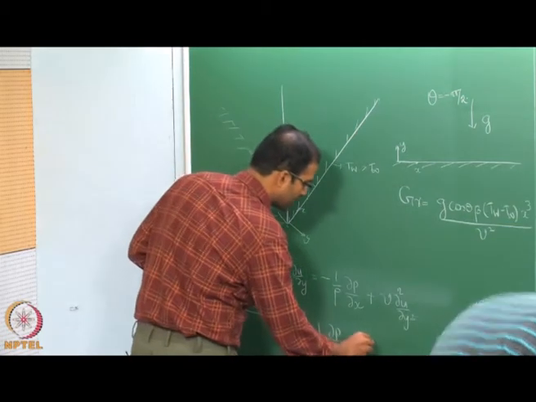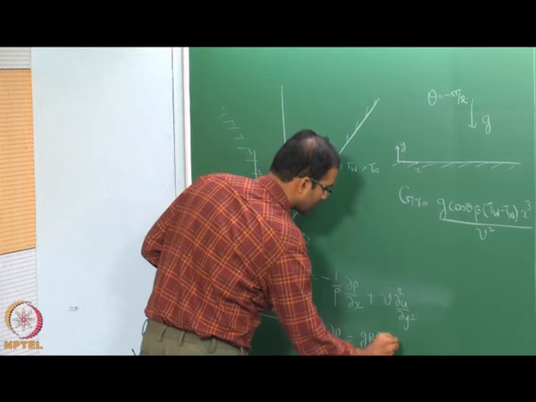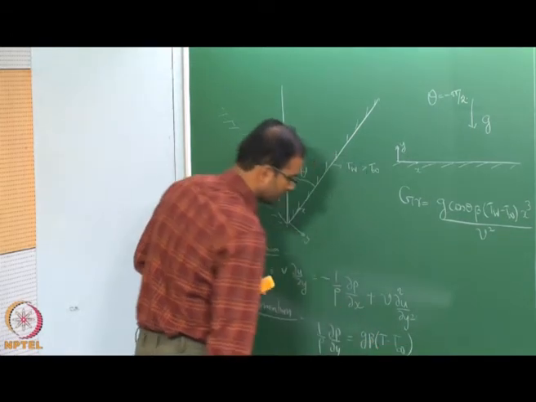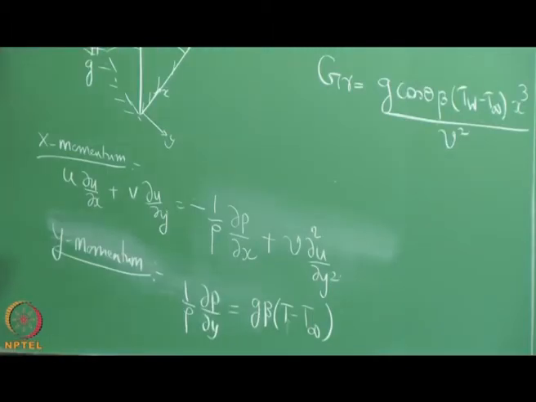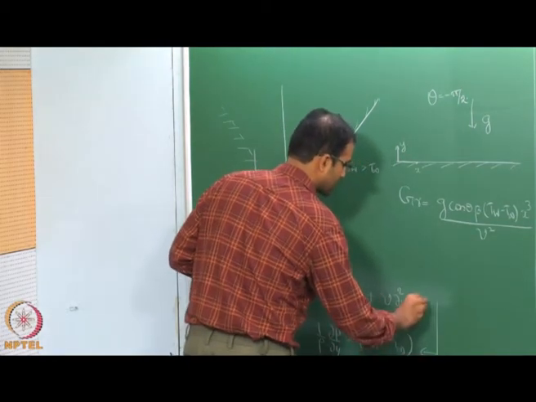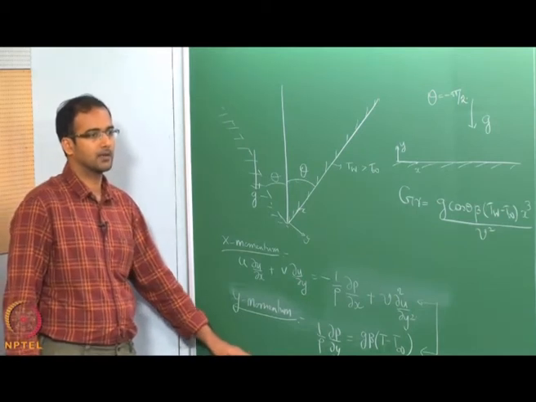So, this will be equal to therefore g beta into T minus T infinity. So, this is the modified set of momentum equations for the horizontal heated plate configuration.